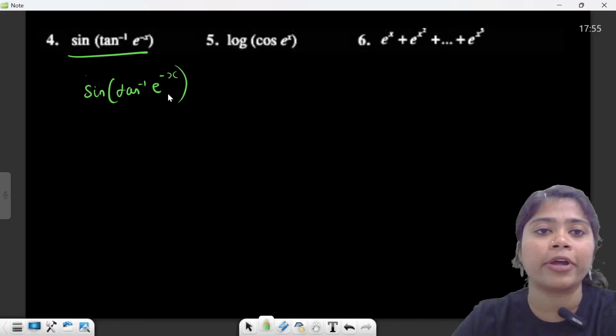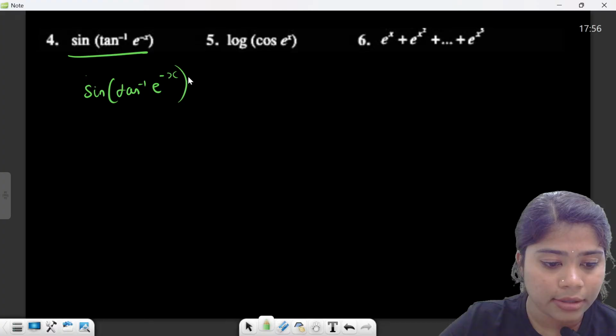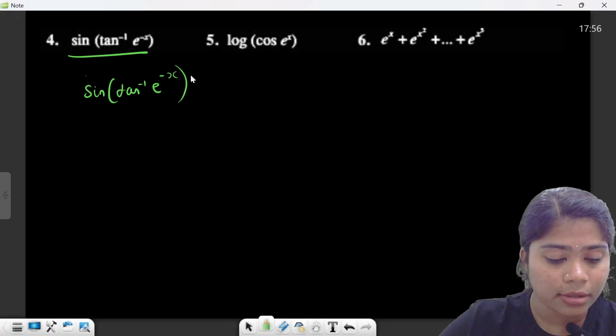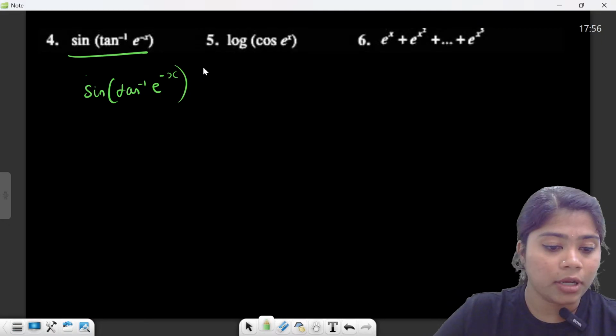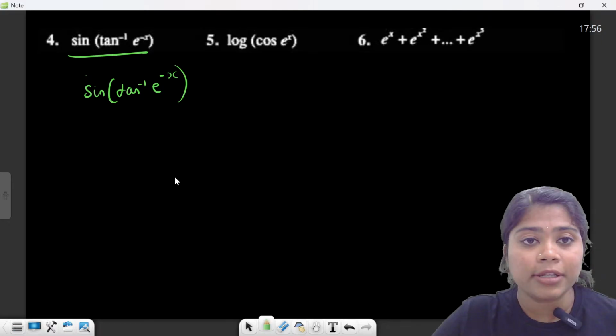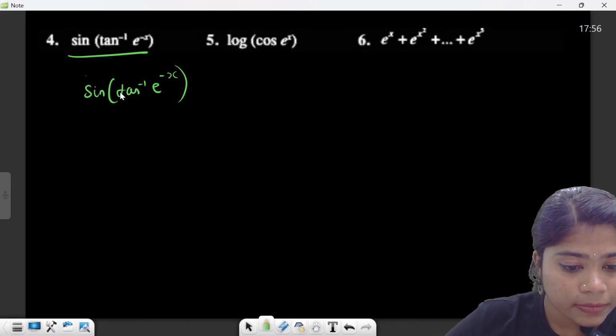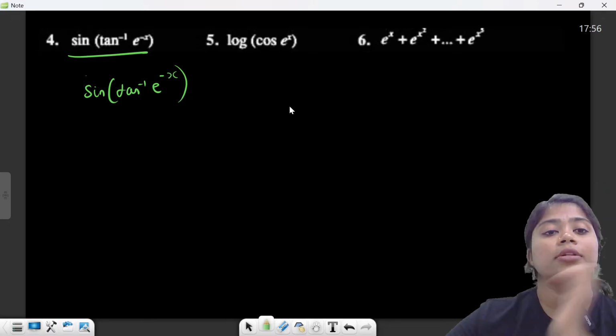So here sine tan inverse e power minus x.